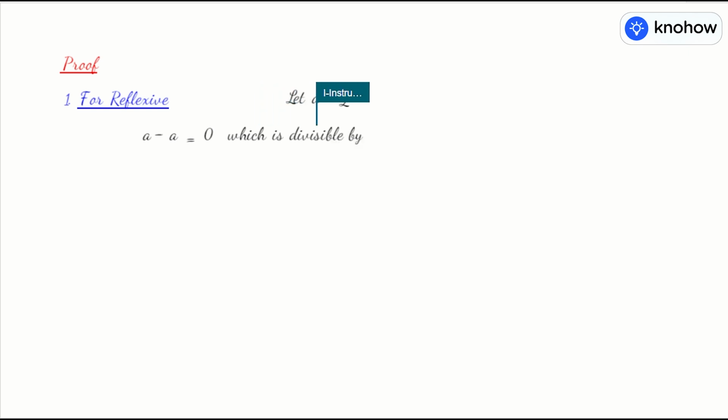So a minus a is divisible by 2. So we can conclude that a is related to itself. Every integer is related to itself. So we conclude that the given relation R is reflexive on the set of integers Z.